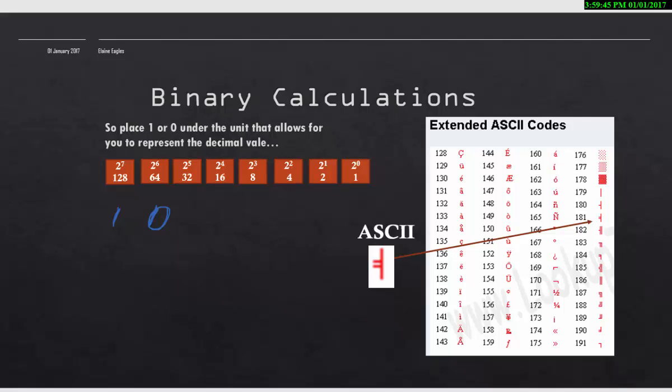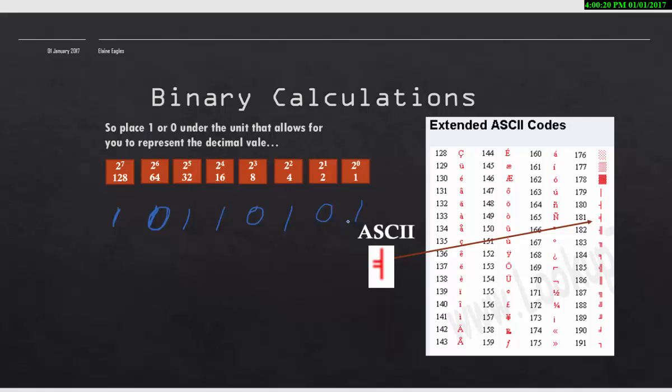So we need 128 plus a 32, which is 160, plus 16, which is 176, plus an 8, I imagine... no, that's too much, so we don't need that. So we're on 176, a 4 will take us to 180. We don't need a 2, we just need a 1. So that would be the binary representation.